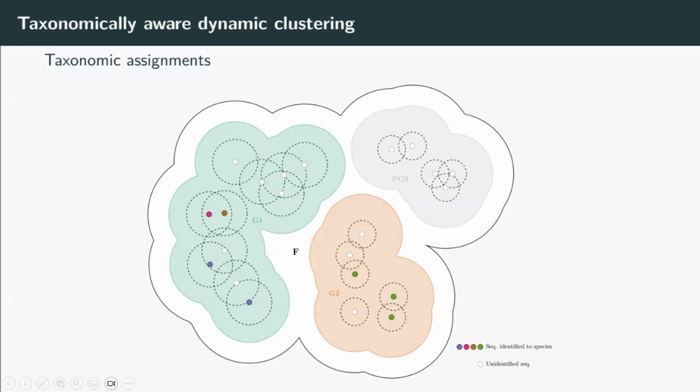So you can see that within the green genus here, I have drawn, or actually Brendan has drawn, wider radii across the species, because here we know there is more variation, and in this one and this one, we know that there is less variation within the species within these groups, so the radii over which we should join them or cluster them together are smaller.